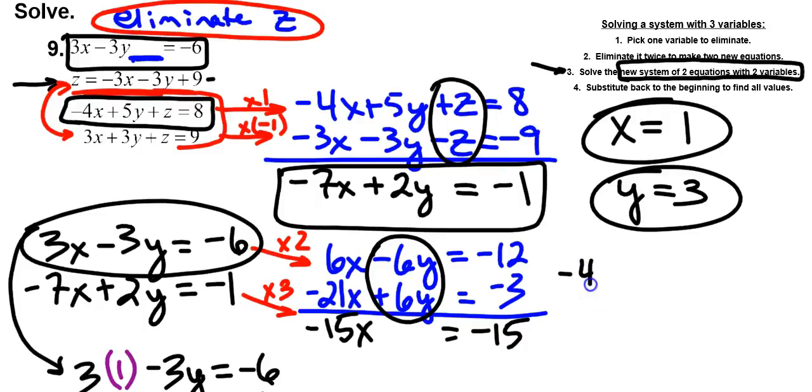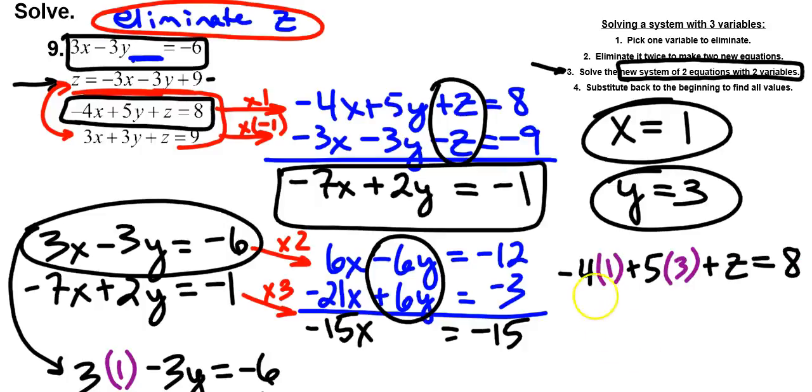We've got negative 4. We're going to multiply that times x, which is 1. Then I've got plus 5y, or y, of course, is 3. So that's 5 times 3. And we're going to say plus z is equal to 8.